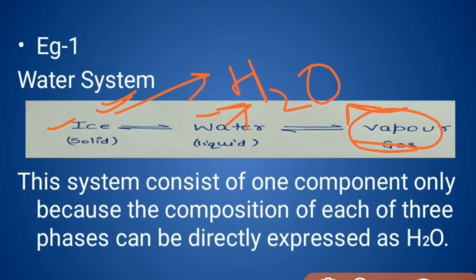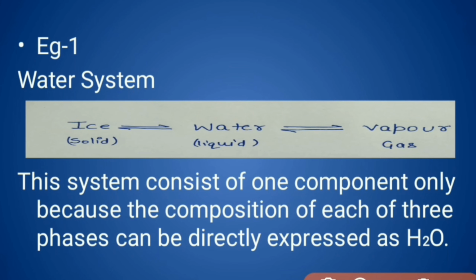So for representing all three phases, they can be expressed directly in the form of H2O. That is why this is a one component system. All three phases can be directly expressed as H2O. I hope you understand.